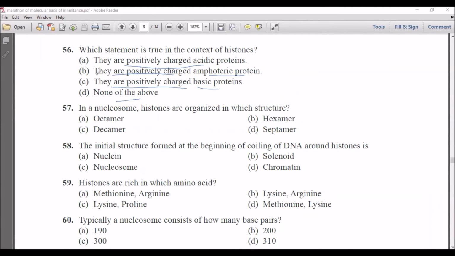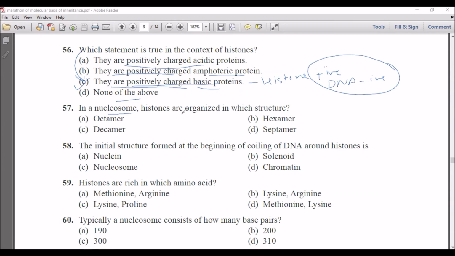Now we know that histones are positively charged basic proteins. So histones are positively charged and DNA is negatively charged, and they are wrapped around this protein.